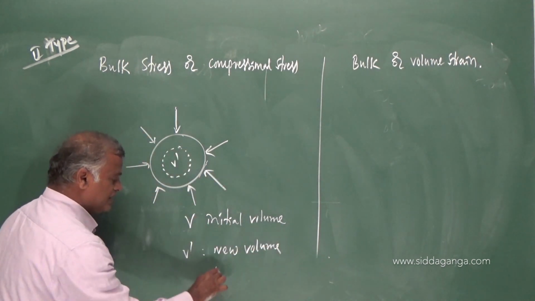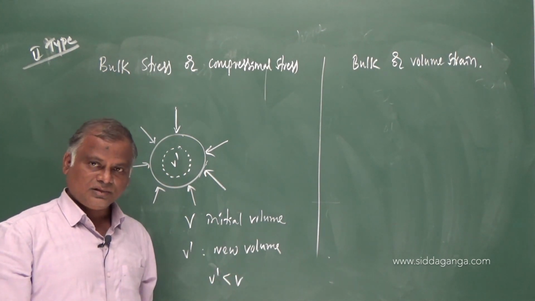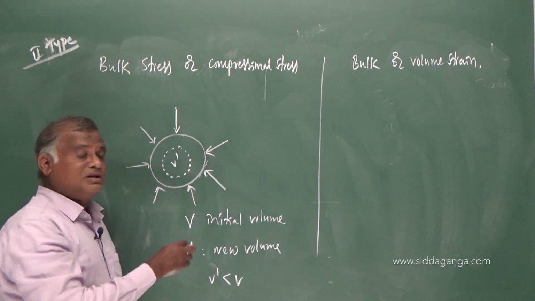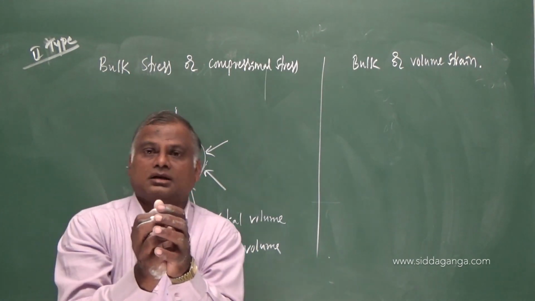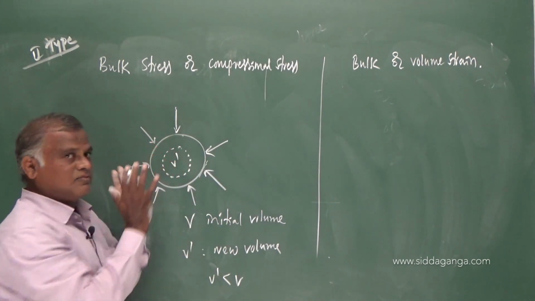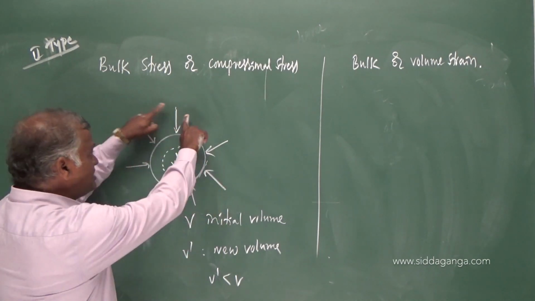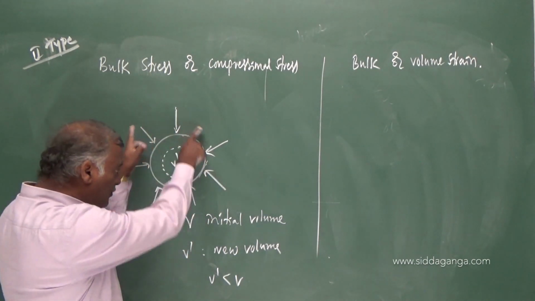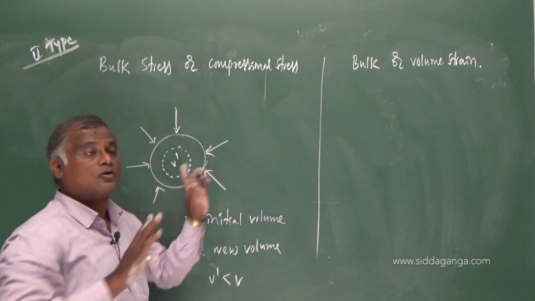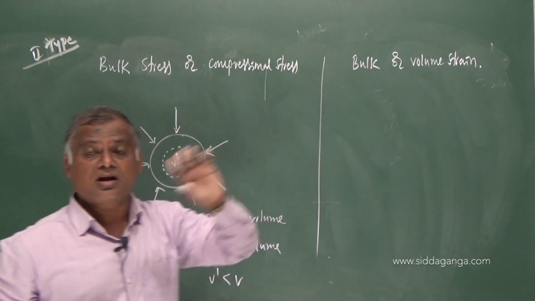From the diagram you can say V dash is less than V. After applying the normal or compressional force, the ball is being compressed. Because of that, there is some change in the shape of the body. Correspondingly, there is a strain, what we call bulk strain or volume strain.